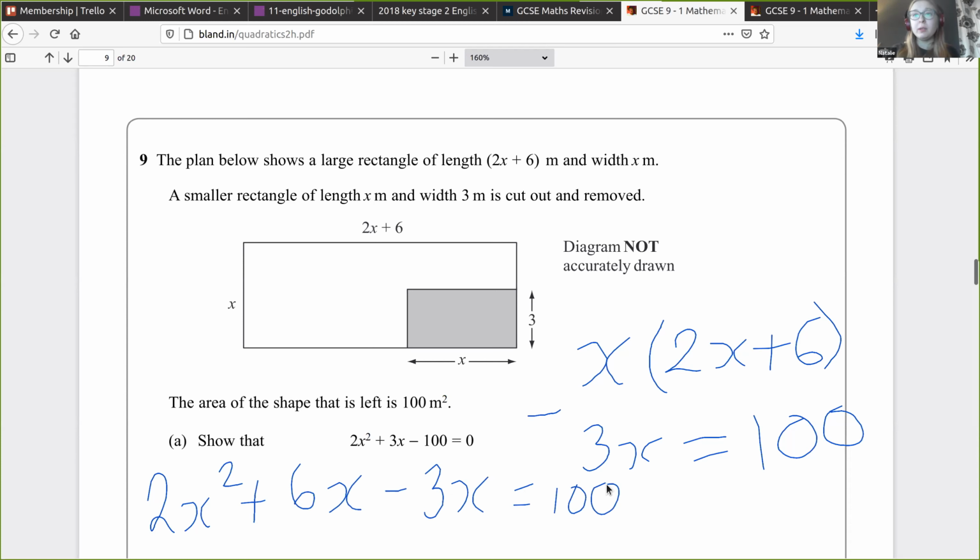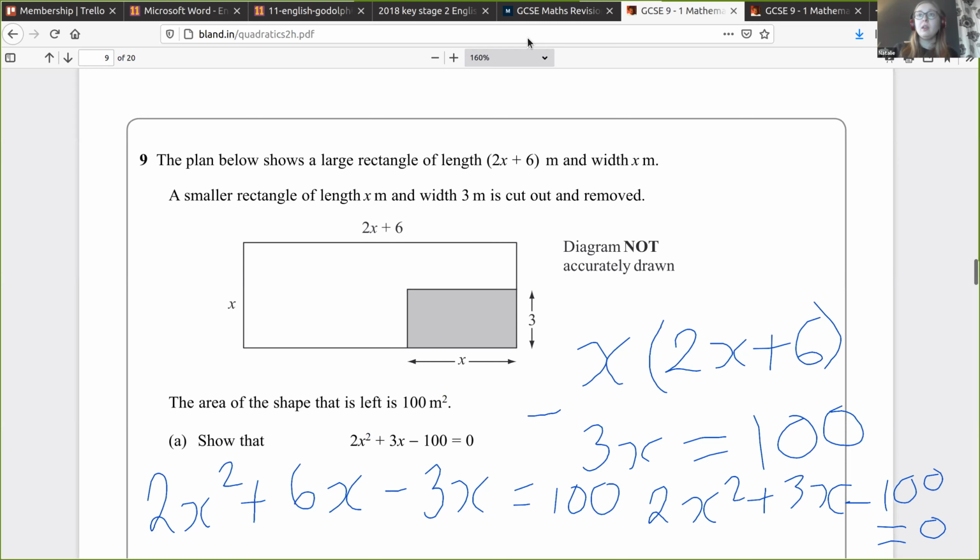Okay, we're looking good, we're nearly there. We've got the 2x squared, we know we've got the 100 in there. 6x take away 3x is going to give me 3x, and so I end up with 2x squared plus 3x, and all they've done is move the 100 over to the other side, so minus 100 is equal to 0, which is exactly what they asked me for.